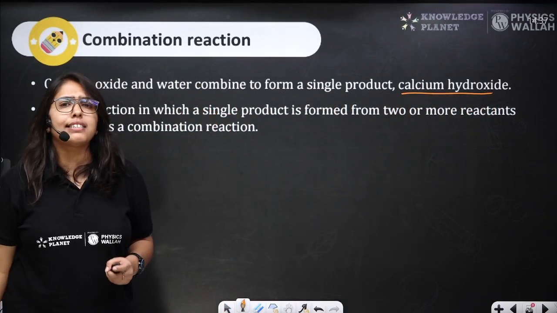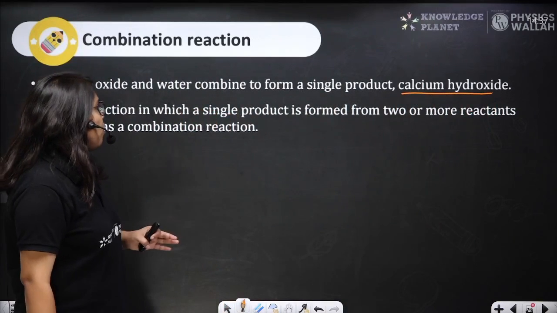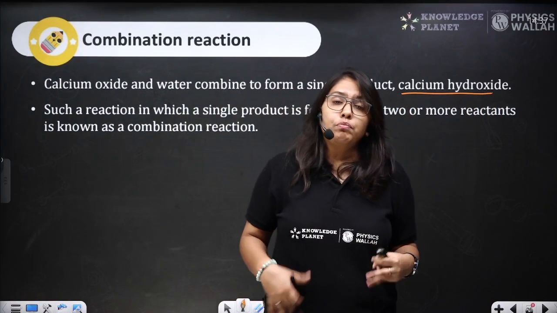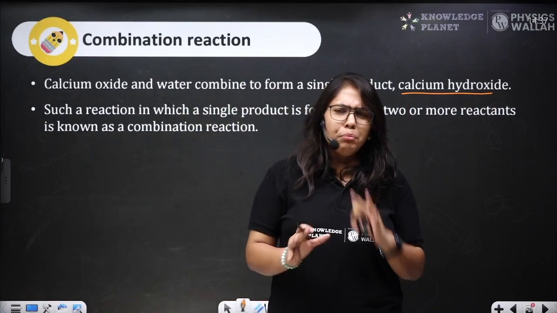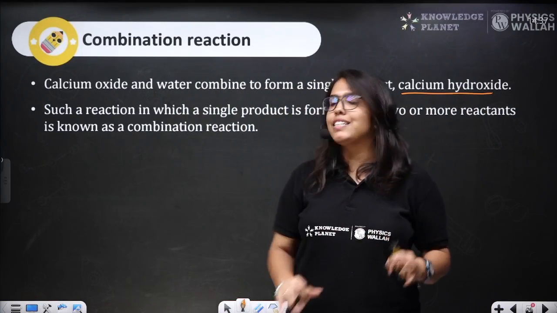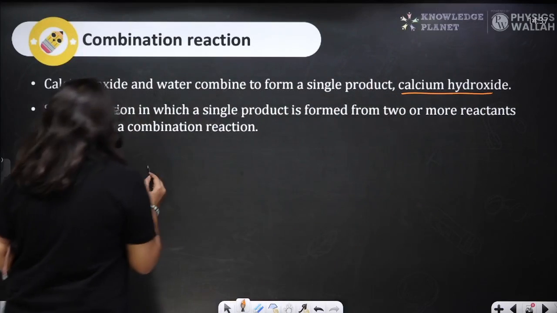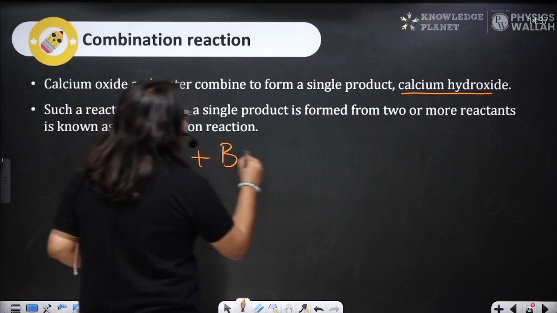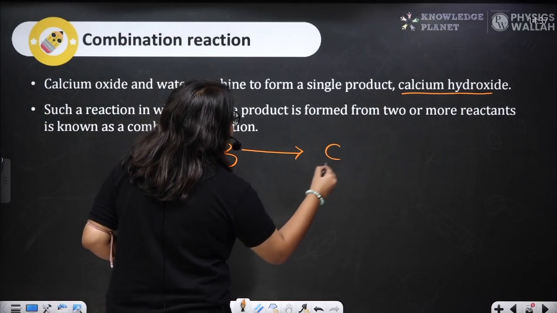What do you understand over here? When you get calcium hydroxide, some amount of heat is also generated. But what idea does it give you? Let's say there is a compound A reacting with B to give rise to a single product.